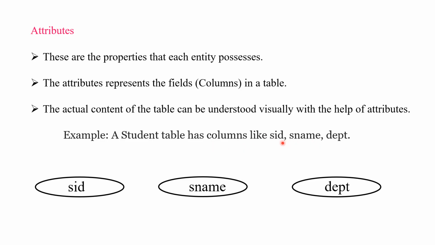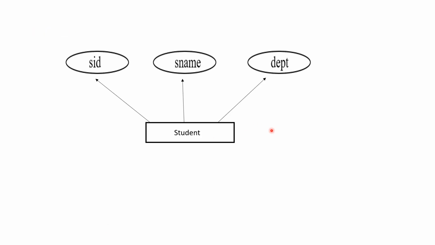SID is nothing but student ID, SNAME is student name, and department is in which department the student is registered. These will be the columns of the student table, and these columns are represented with the oval symbol that are nothing but attributes. So here SID, SNAME and department are attributes of the student table or student entity.